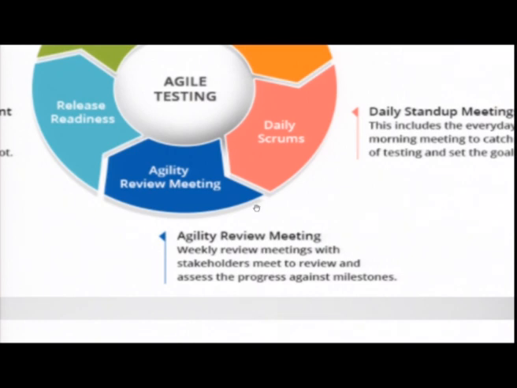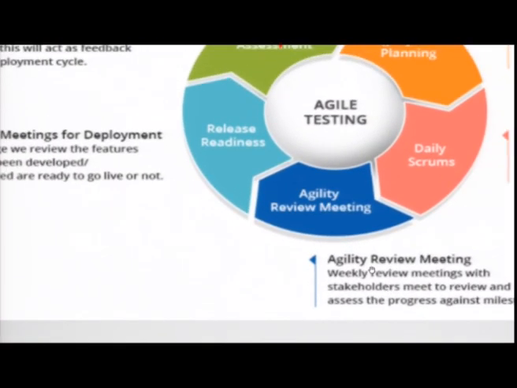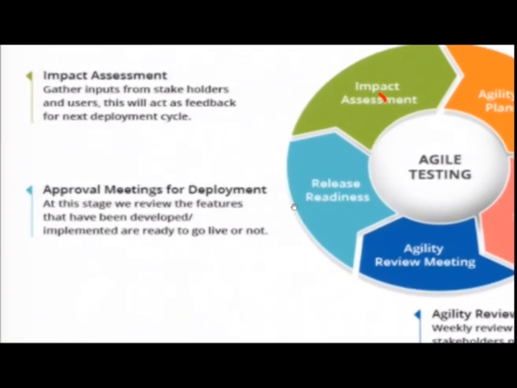Then as far as the agility review meeting is concerned, you have a weekly review meeting with the stakeholders, and they meet to review and assess the progress against milestones. Then as far as the release readiness is concerned, you have approval meetings for deployment, wherein at this stage we review the features that have been developed or implemented and whether they are ready to go live or not, and based on this, when it is ready, again you do the impact assessment.